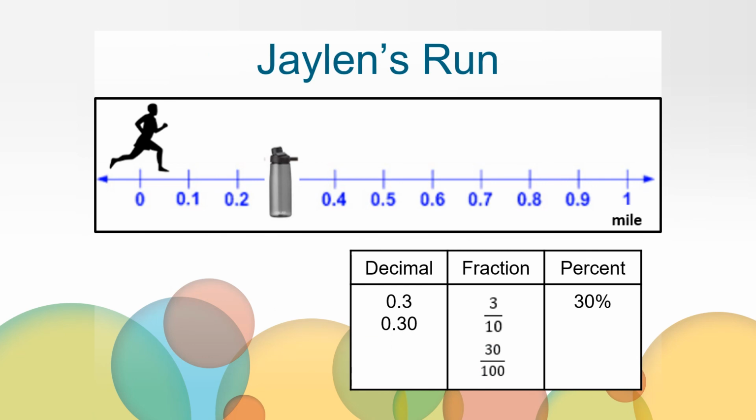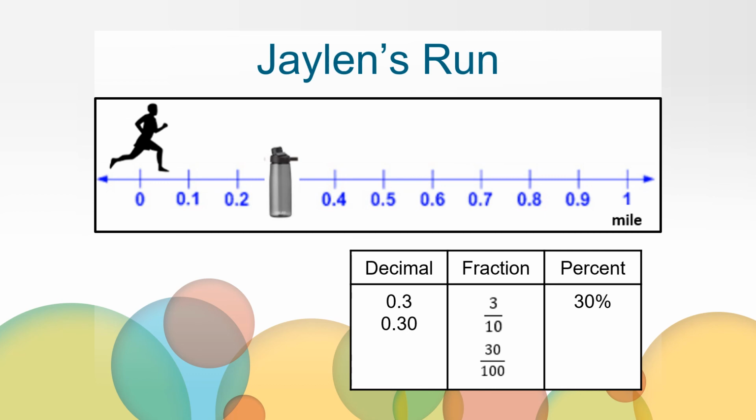Let's take a look at Jaylen's run. The number line that Jaylen is running on is counting by tenths. So after 2/10, Jaylen would reach 3/10. This is when he took a sip of water. I can represent this distance or where he took a sip of water as a decimal, 0.3.